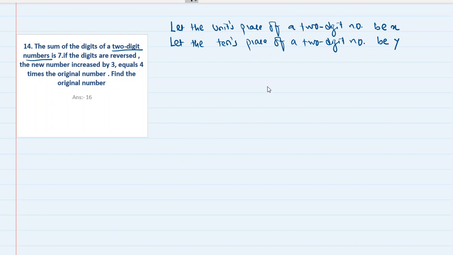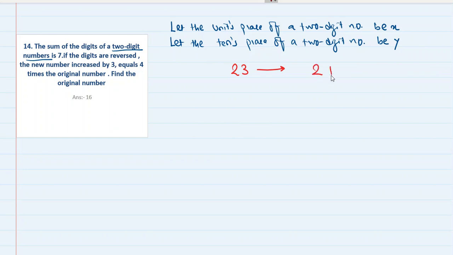Now I would want you to focus on this thing which I'm trying to explain. Don't write anything which I'm writing, I'm just explaining, so I'll write with red ink. Suppose there is a two-digit number, let's say 23. How do you expand 23 and write?